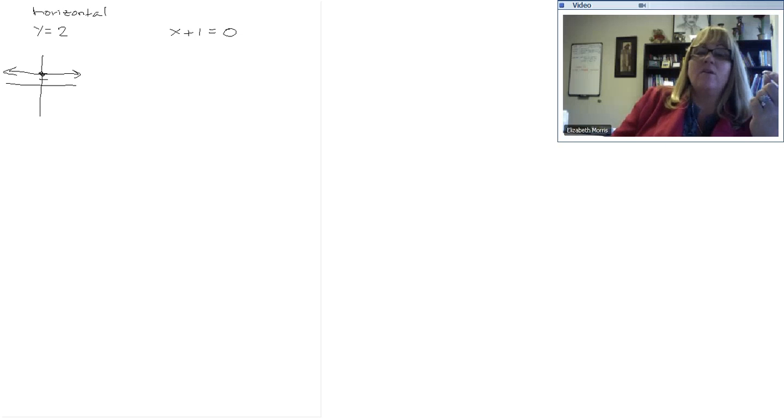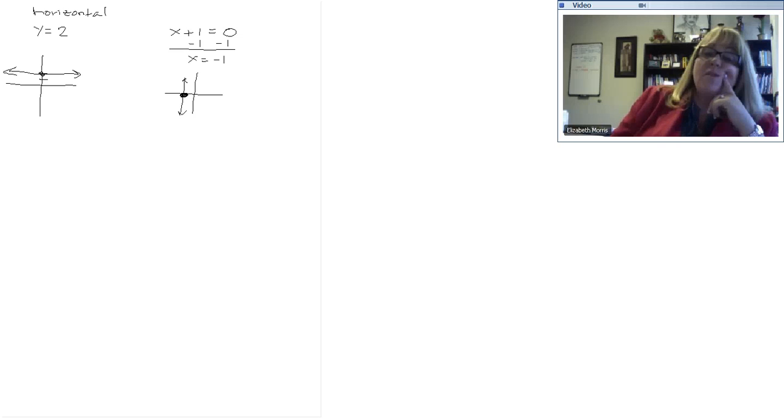And on here, of course, we'd move the 1 over, and we get x equals -1. This one only has an x, goes through -1. That is the vertical line.